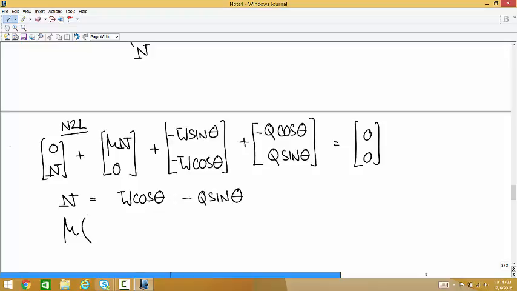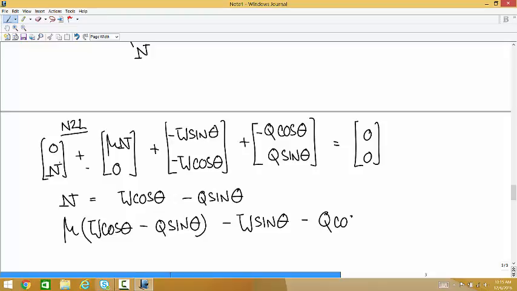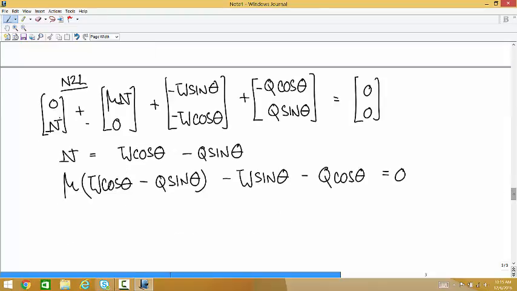Mu times the quantity W cosine theta minus Q sine theta, minus W sine theta, minus Q cosine theta is equal to 0.